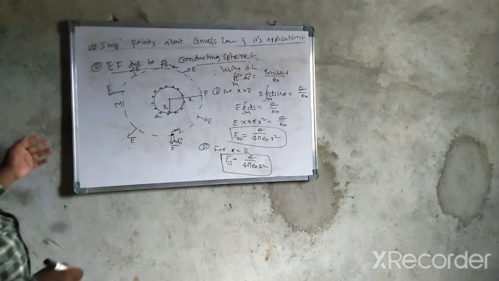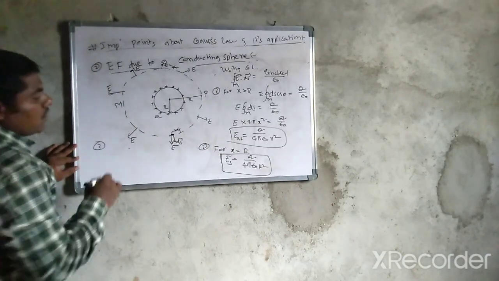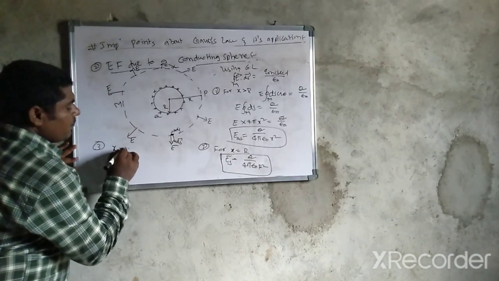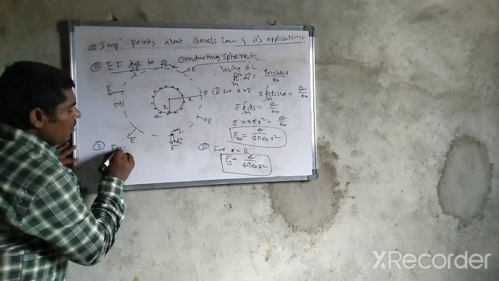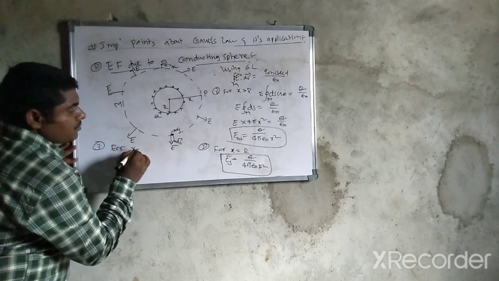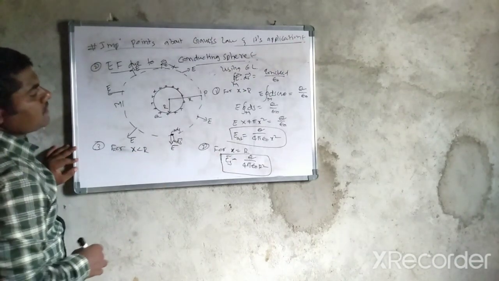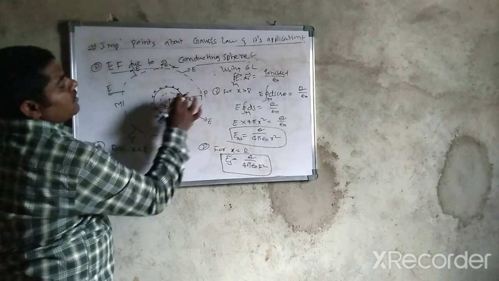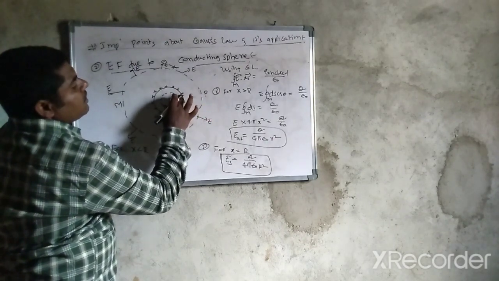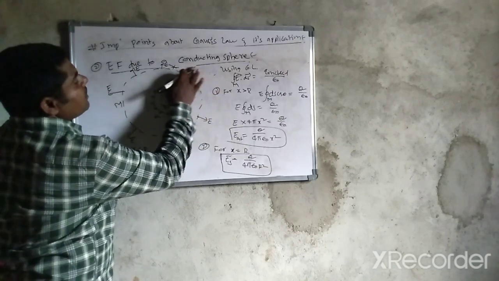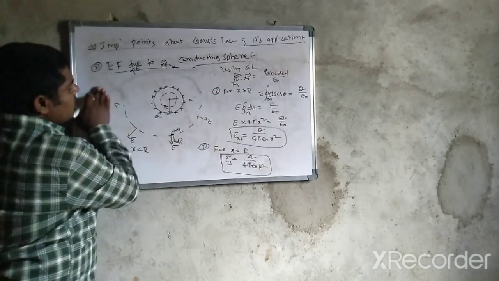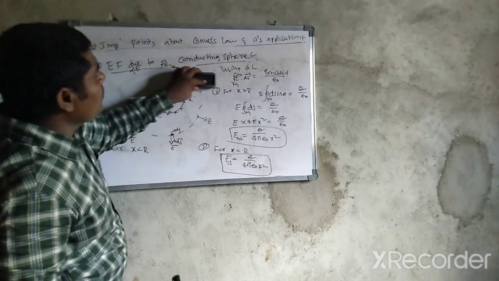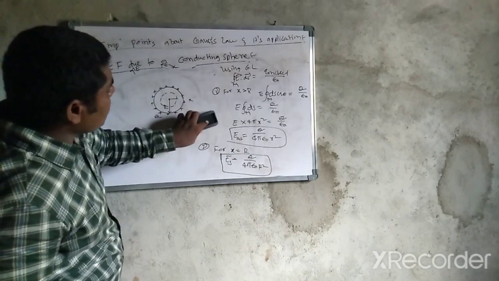In the third case, the electric field inside. For x smaller than capital R, means inside the sphere, this is the inside point, not outside.